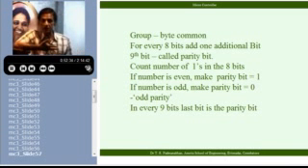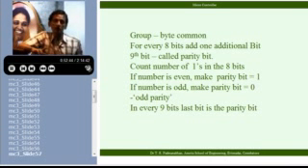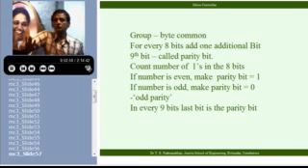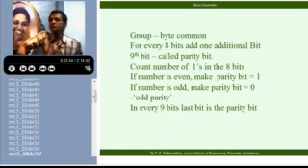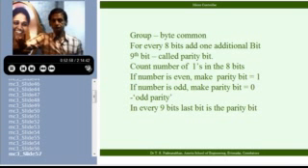So the implications are many. Firstly, I assume that for every 8 bits, the maximum error that can occur in the system is only 1 bit. Suppose 2 bits are in error, you are in trouble. So you should ensure that in your system, the maximum error in 8 bits together is either there's no error or maximum there is 1 error.